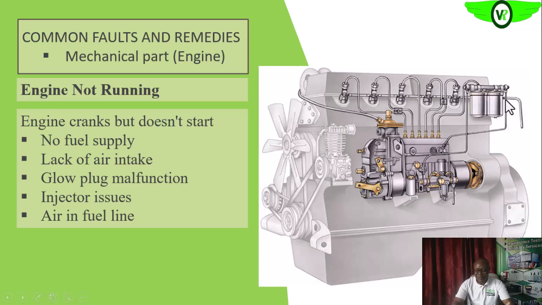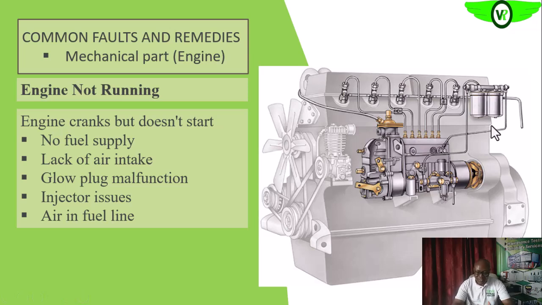But if everything is right, you have fuel coming up to the filter, you use your prime pump and see that the fuel is delivered normally. Are you getting it? Say this is the prime pump, delivered normally as you are priming.